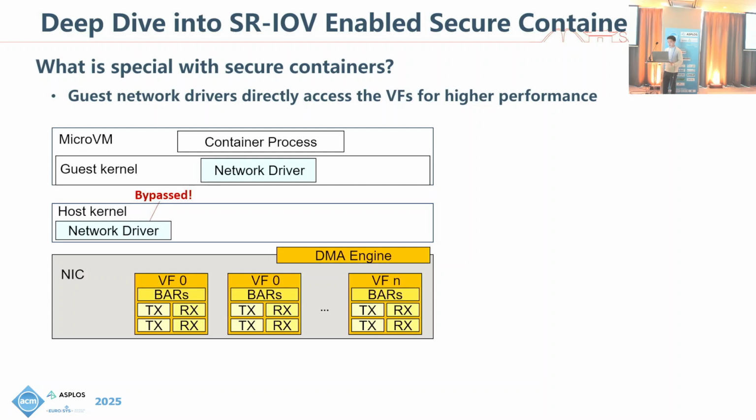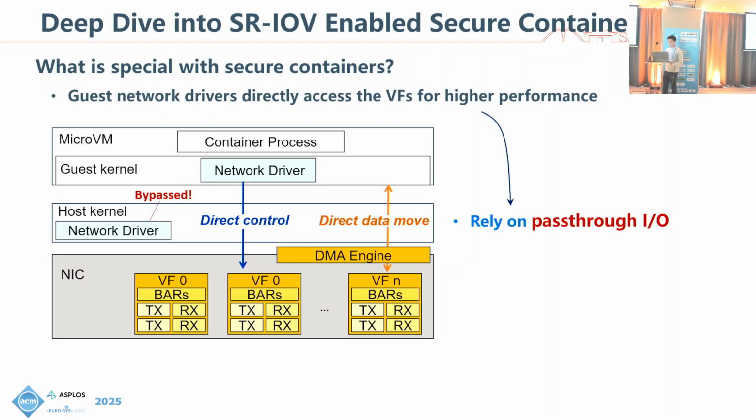And for higher performance, they want to bypass the host network driver and directly interact with the virtual functions, like directly passing control information or directly moving the data between the network interface card and the guest memory using direct DMA technology. This process is called Passthrough I/O.